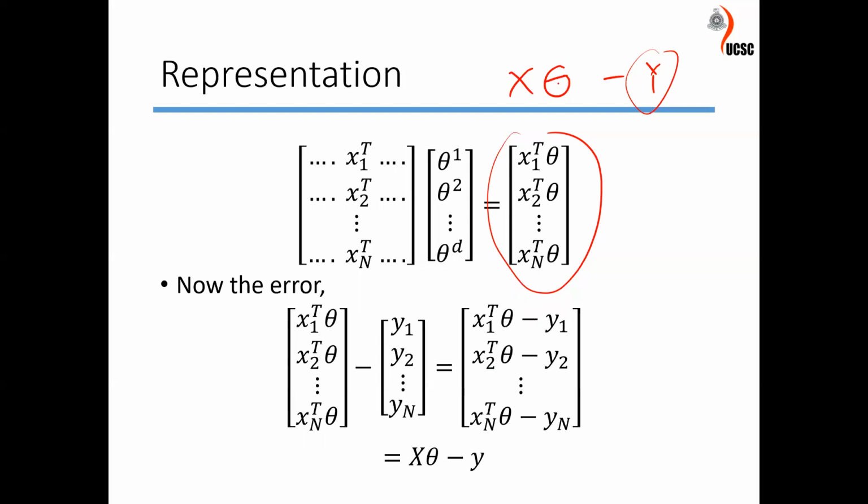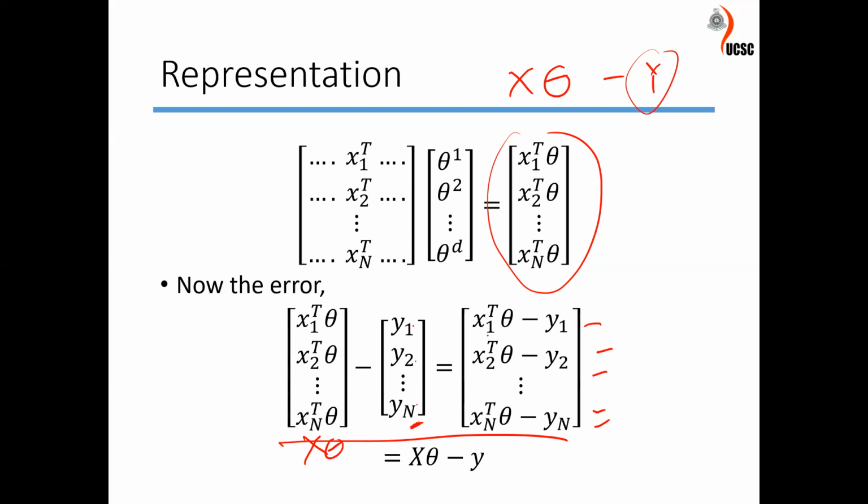So you can simply write it here, right? So here we have the x theta, and you can subtract each y data point. So this is y1, y2, y3, like that, up until yn, right? If you subtract it, you can simply write it as this.